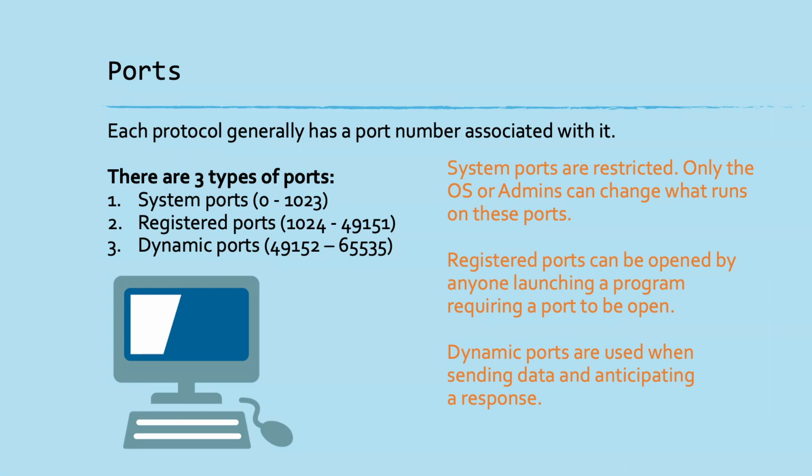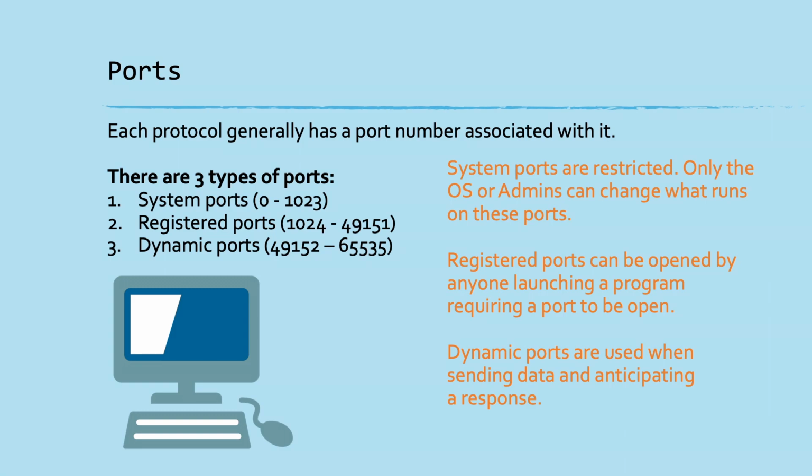So if you wanted to remote into a Windows machine using something called RDP, Remote Desktop, you'd be connecting on port 3389. That is a registered port. Theoretically, anyone could run something else on port 3389, but it's a standard that most people have accepted that if you're going to connect to something on port 3389, that's just the way it is for RDP, which we'll go over later.